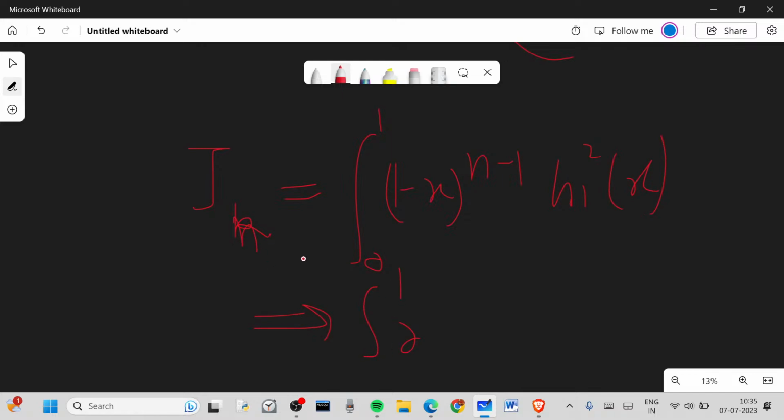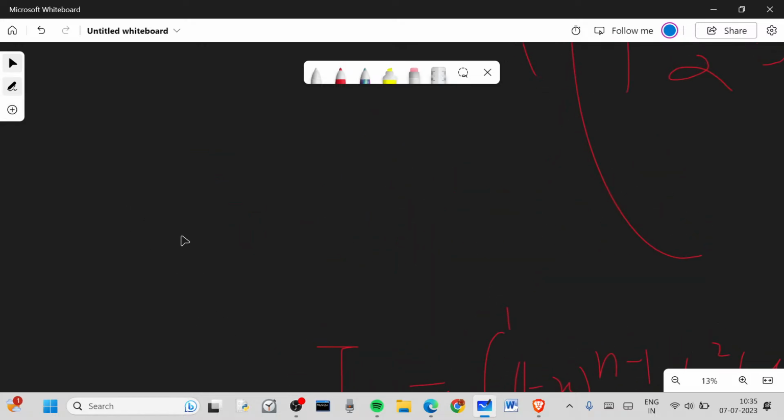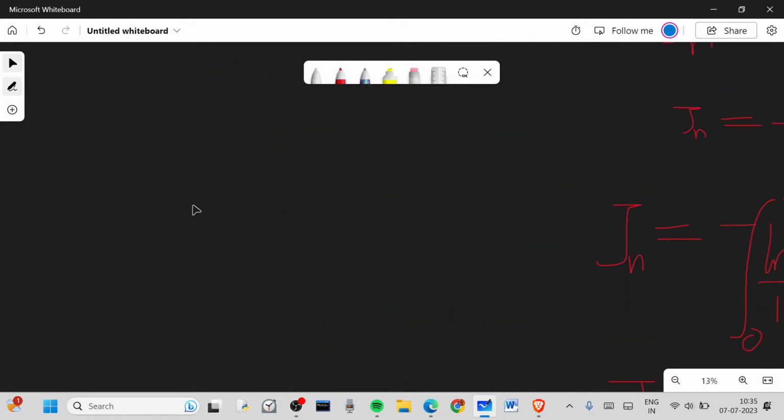So using our sigma properties, we get that J is equal to the integral from 0 to 1 of (1 minus x) to the power n minus 1 into ln squared x, and using King's property again we get the J_n precisely in the form they have asked. Oh, this is cool. I did it.